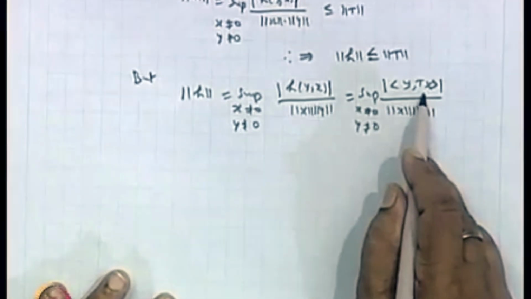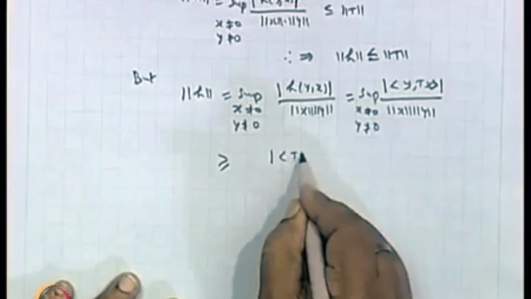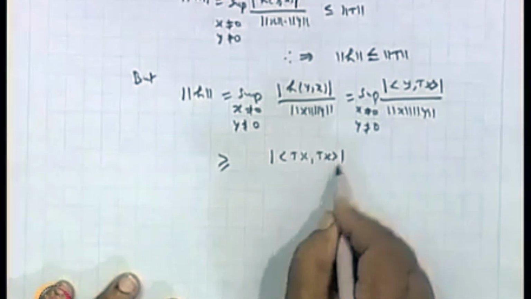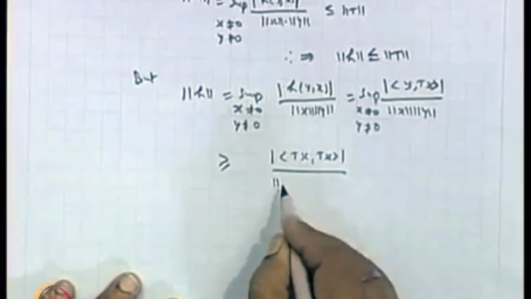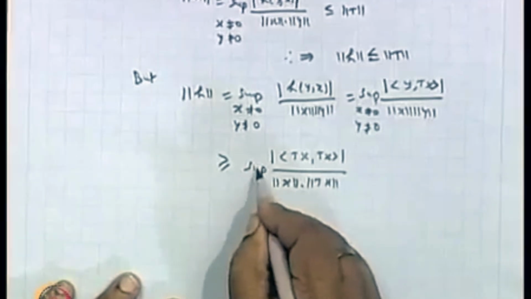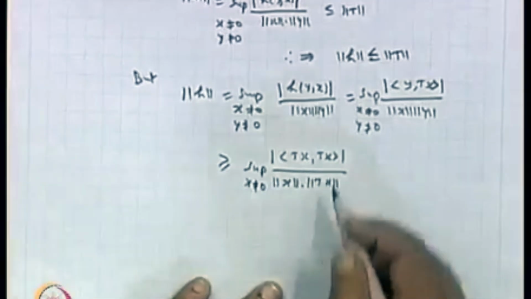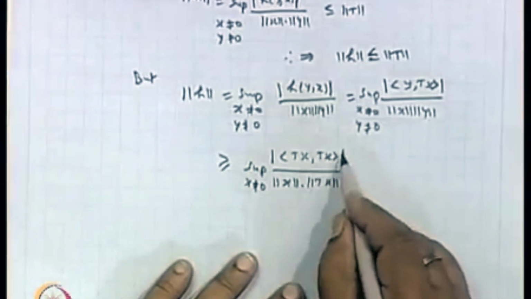Now let us replace y by a particular value, Tx. So the entire thing will be greater than or equal to the modulus of the inner product of Tx, Tx over norm of x into norm of Tx, with supremum when x is not equal to 0. This is nothing but the norm of Tx squared.